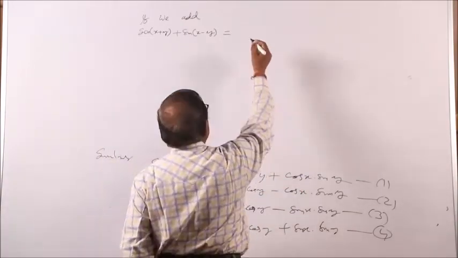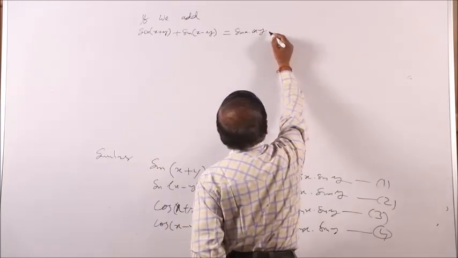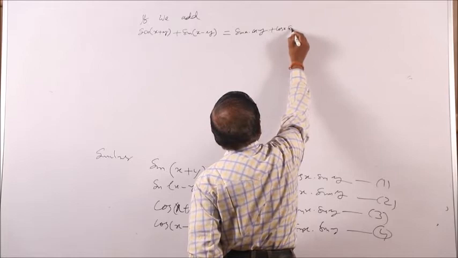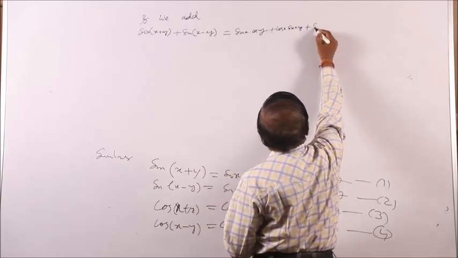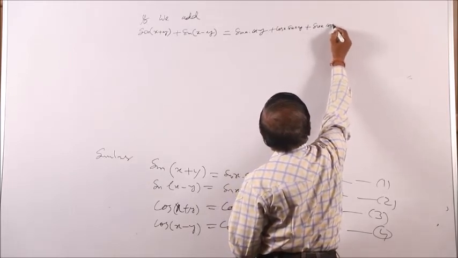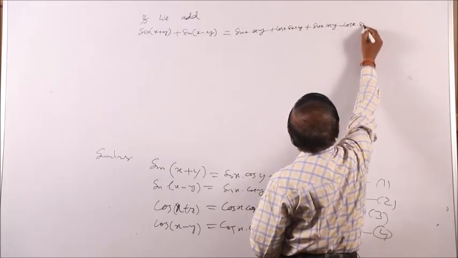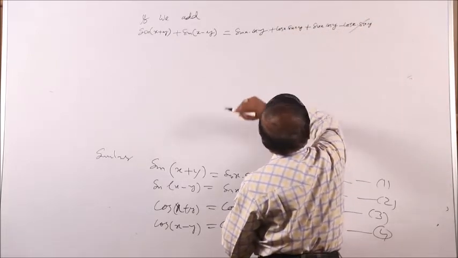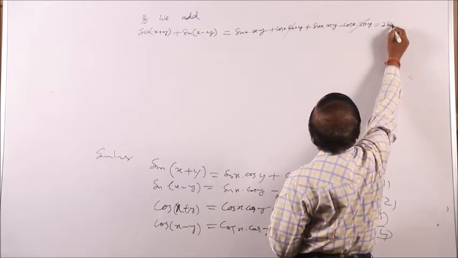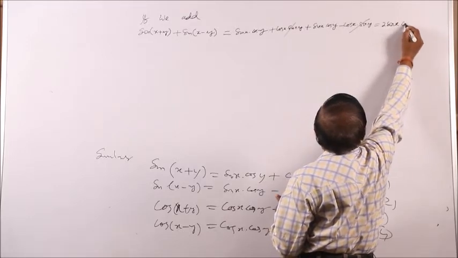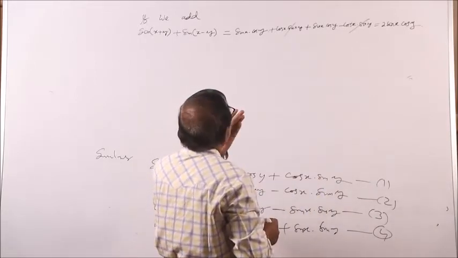Let us write that: sin x into cos y plus cos x into sin y plus sin x into cos y minus cos x into sin y. Please see this goes, what remains is 2 sin x into cos y, right.